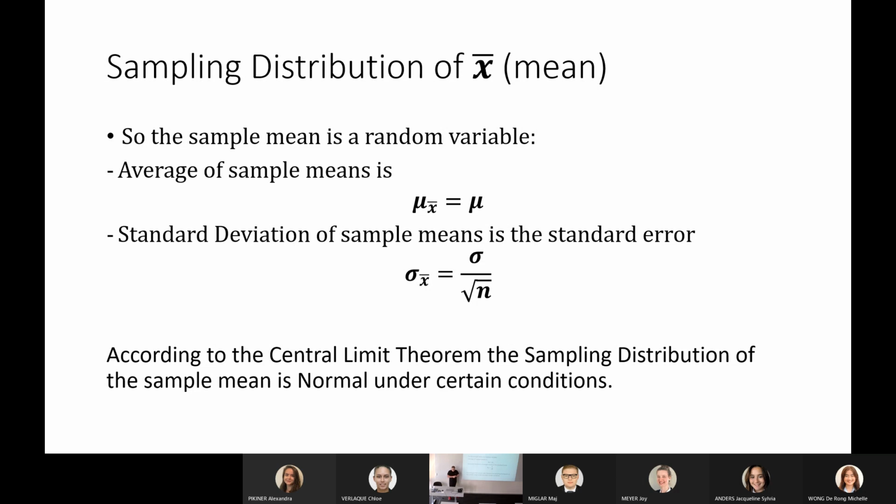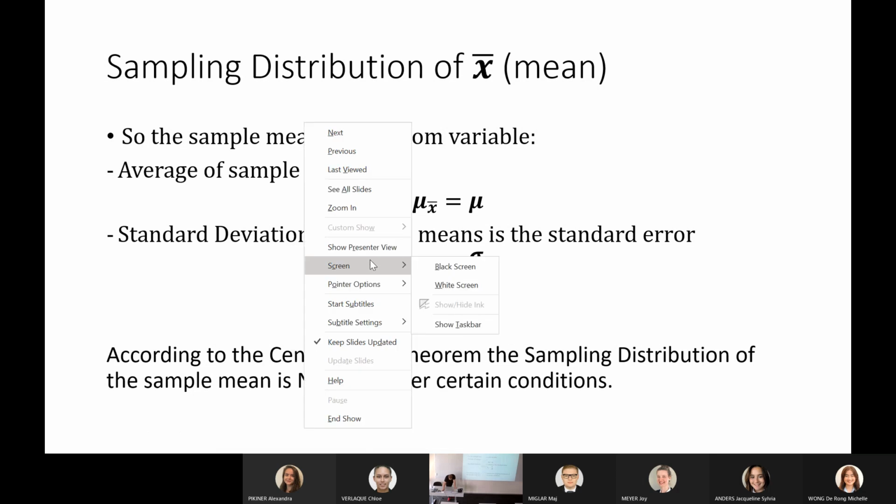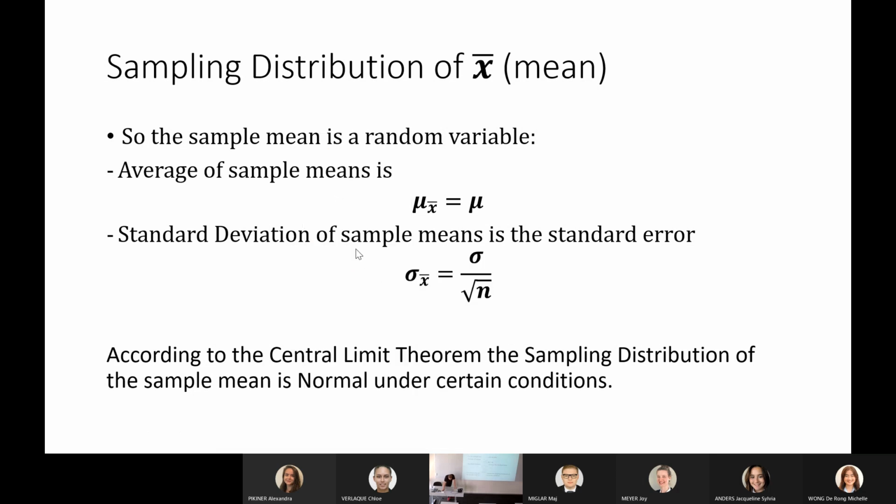And the standard deviation of the sample mean is the standard error. Standard error, as you know, will be used to calculate confidence intervals and to test hypotheses. The standard error is the standard deviation of the sample divided by the square root of n, where n is the sample size.